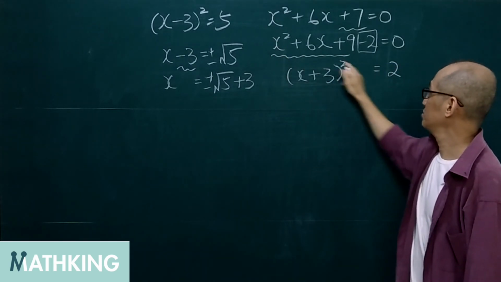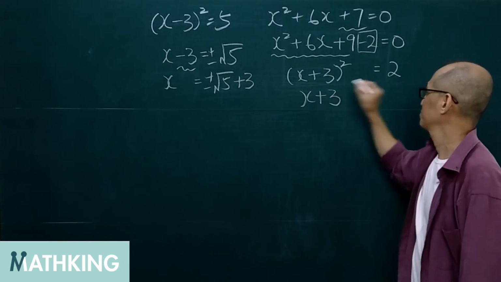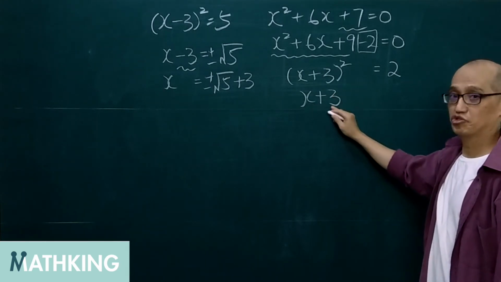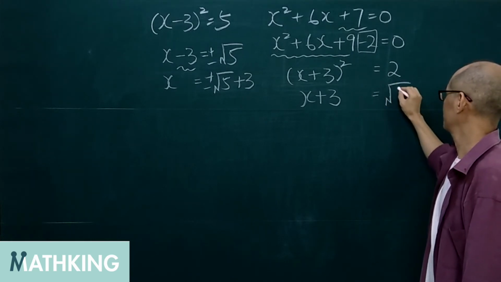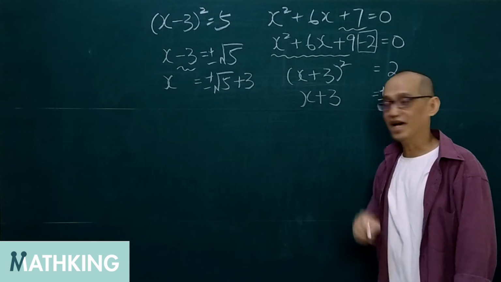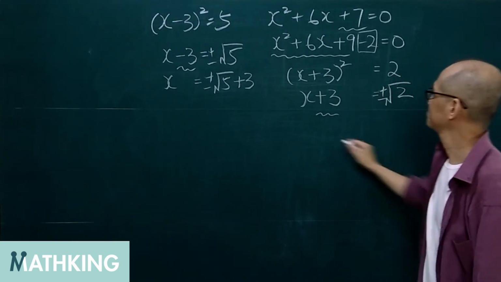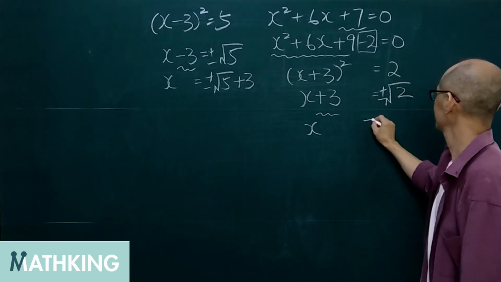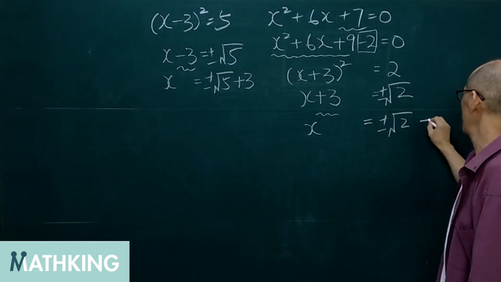We take the square root of both sides. Here we get x plus 3. Over here, square root of 2 plus minus. And lastly, we move this one to the right hand side. Minus 3.